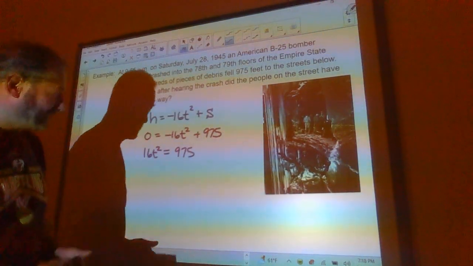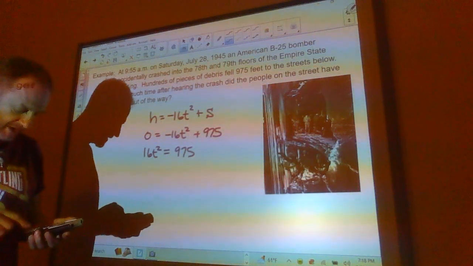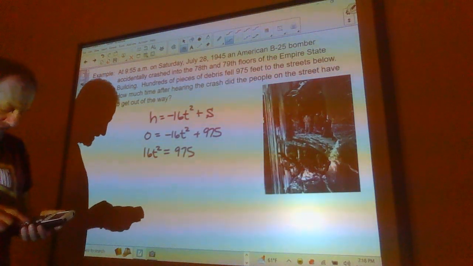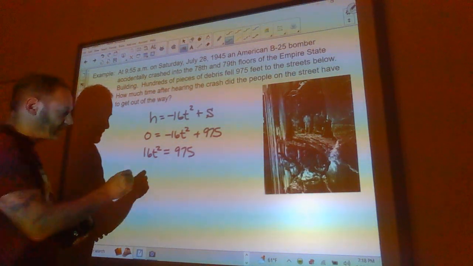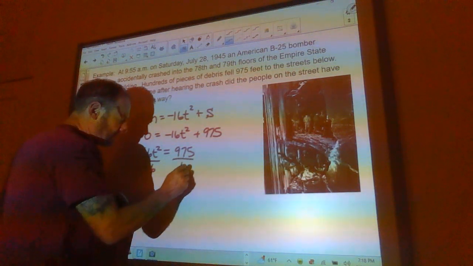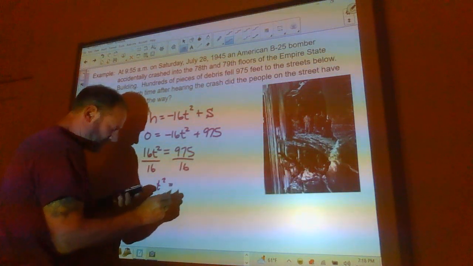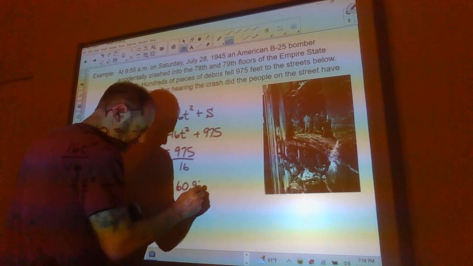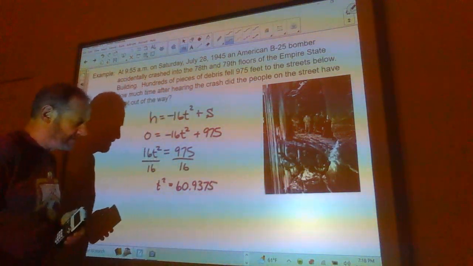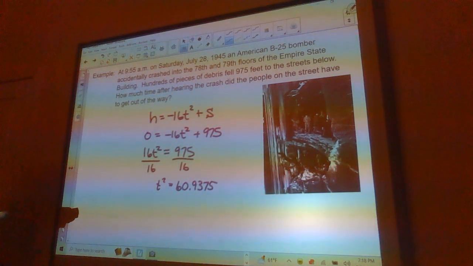I'm going to get out my handy dandy TI-84 Plus C Silver Edition graphing calculator. Take 975 and divide that by 16. So t squared is going to equal 60.9375. And then I'm going to square root that.